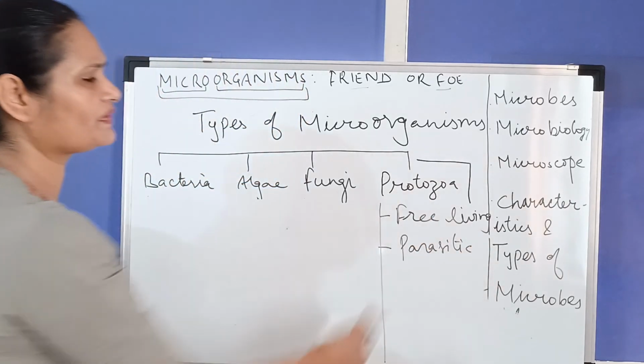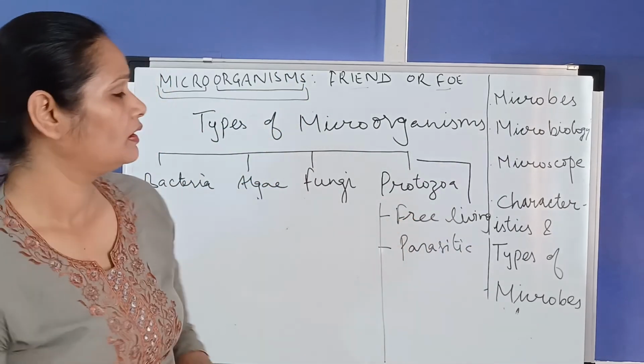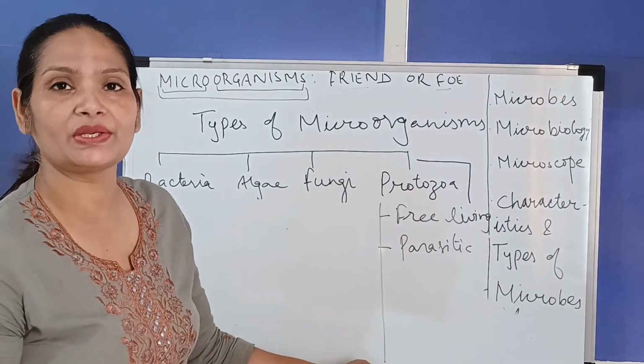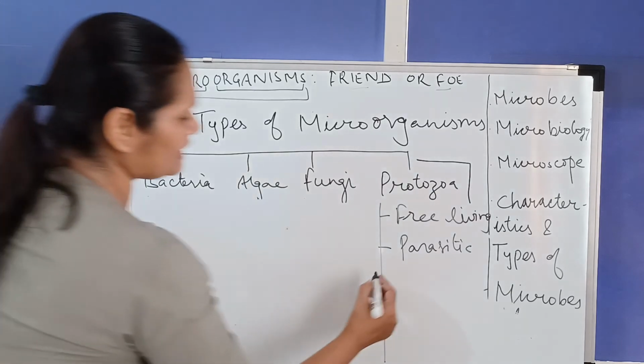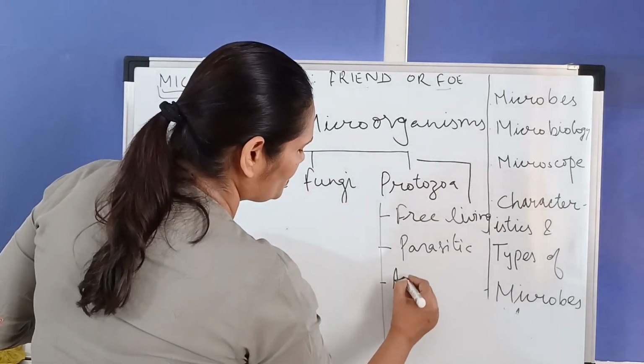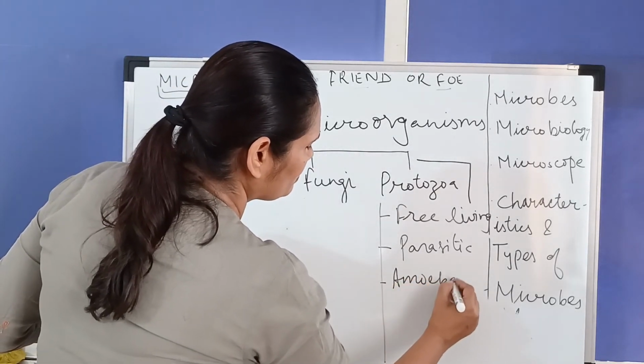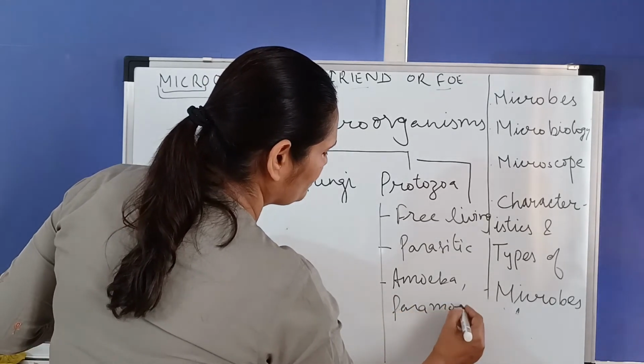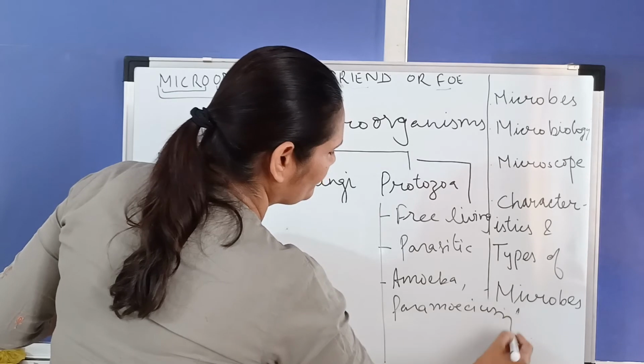Free living means which can survive independently, and parasitic means they need a host body to survive. Examples of protozoa can be amoeba, paramecium, right?